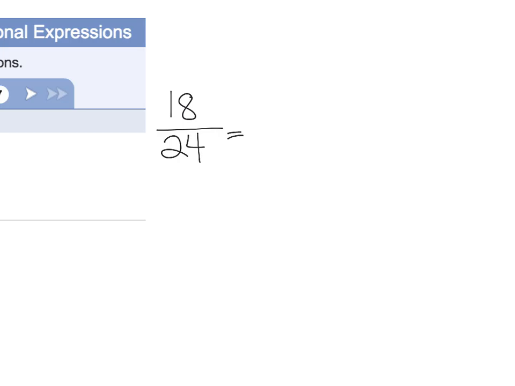What do I mean by factored? It means 18 has been broken apart to be 2 times 3 times 3, because 3 times 3 is 9, times 2 is 18. You're writing 18 in expanded form. It's called prime factorization. In the same way, 24 is 4 times 6, but each of those can be broken up to be 2 times 2 times 2 times 3, and so that's all factored.